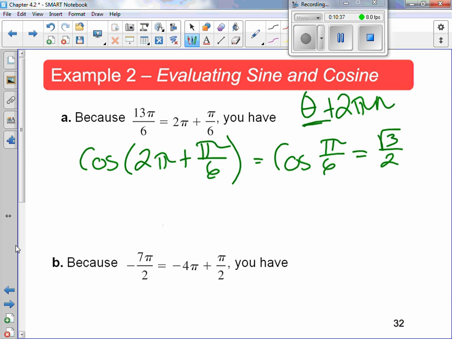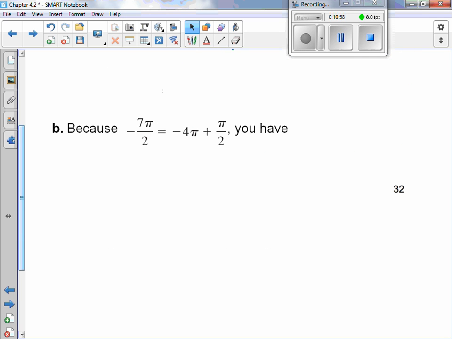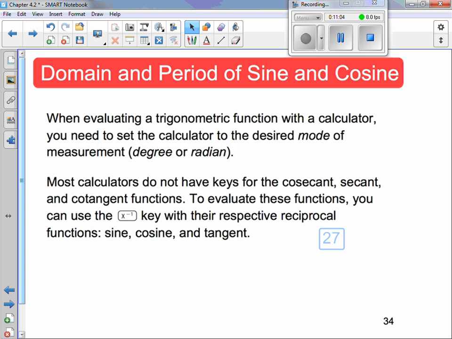Oh, mode. Didn't like it. Square root 3 over 2. Yes? That's the marvels of these calculators. It doesn't matter what the angle is, we can still find it. So a lot of this stuff here is neat and kind of works out nicely, but we really don't need it anymore because the calculators will do any of these.